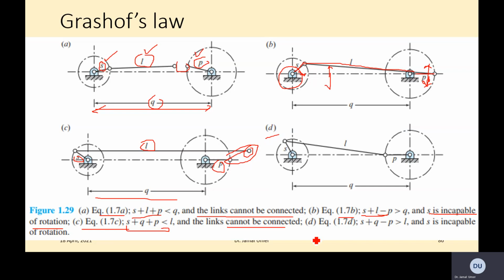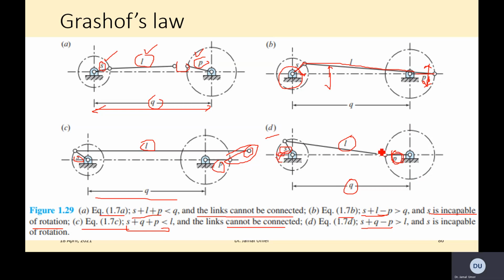Next category, D. The D equation is S plus Q minus P less than L. So if you write it another way around, S plus Q minus P is greater than L. You see this combination will be there, and if you try to move it, you cannot move it because it has to reach this point.